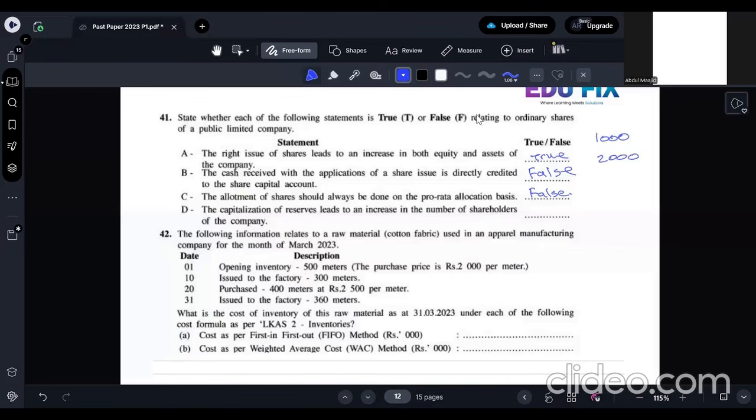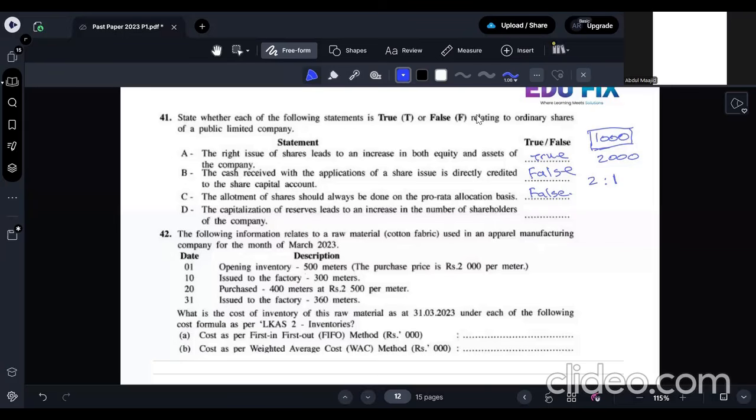Pro rata allotment basis means now we will accept only the amount we issued. So how the pro rata allotment will work? If a person applied for 2 shares, he will get 1 share. That's how pro rata works according to ratio. It doesn't always have to be like that. Sometimes you can just get it first in, first out. Whoever applied last, you can totally chase them away. You can select which method to use.